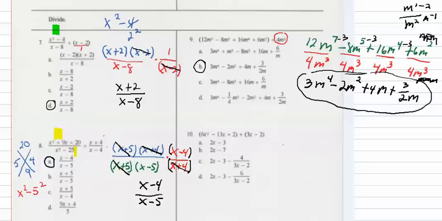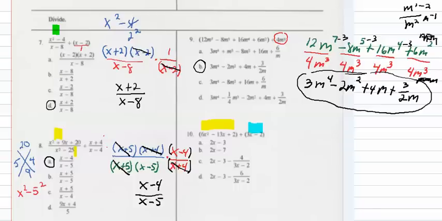Okay, now this is a long division problem because I have a trinomial. The trinomial divided by the binomial. So if you're just dividing by a monomial, you just draw the line. If you're doing a trinomial divided by a binomial, it's long division.